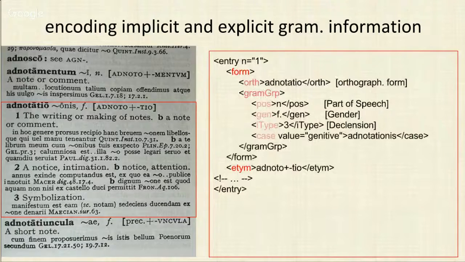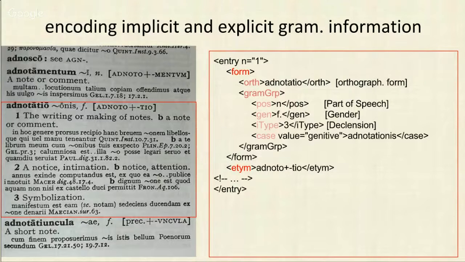Yes. On the head word, we have quite a bunch of grammatical information. First of all, we have the orthographical form of the word. We also have what part of speech it is. It is a noun. We also have the gender. It is female. We have the declension type that we understand through the genitive.